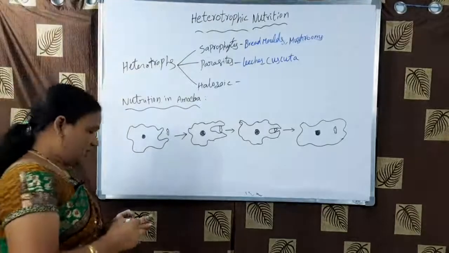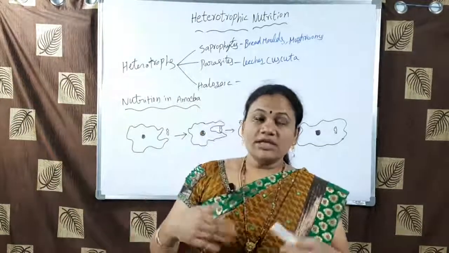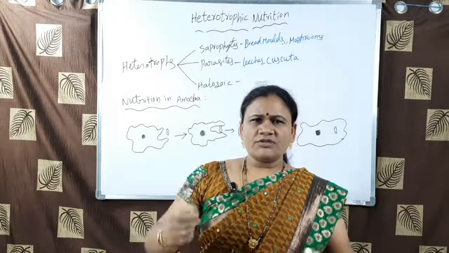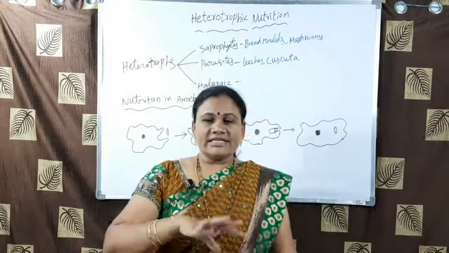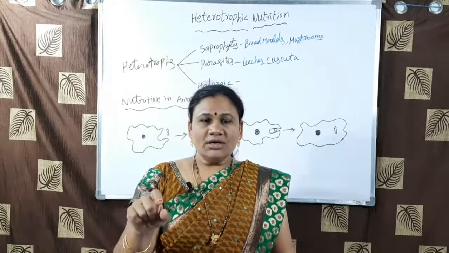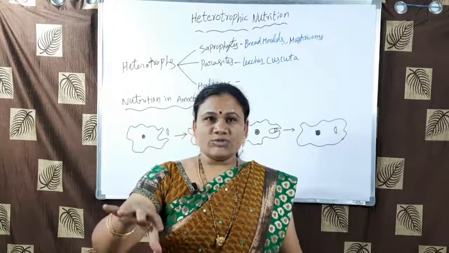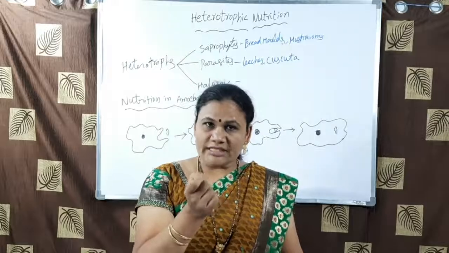Generally, amoeba is a single-celled organism which has no fixed shape. Then how will it take food? It's a very simple mode of nutrition. Simply it will extend its body towards the food. By extension, finger-like projections arise from its body.